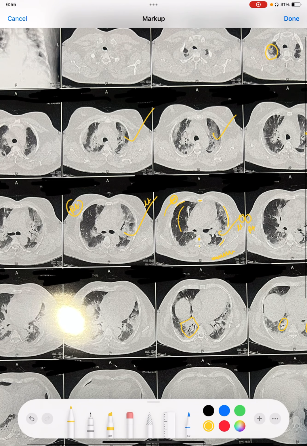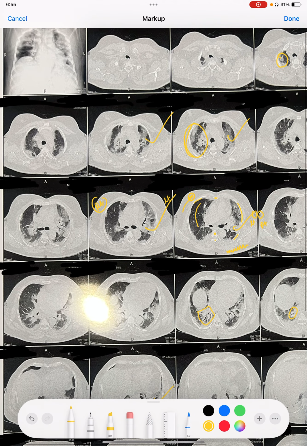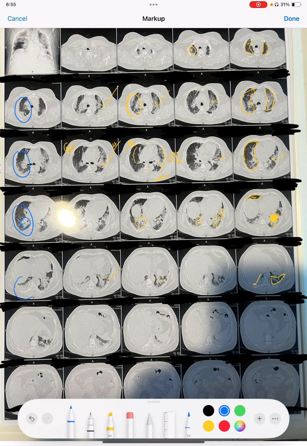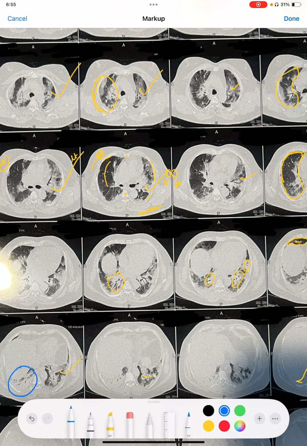So see this right lung is involved here, here, and here. This is the patch. The right lung is involved here. So almost all the lobes are involved, means almost all the six lobes are involved. So there is pneumonia which is involving almost all the lobes.